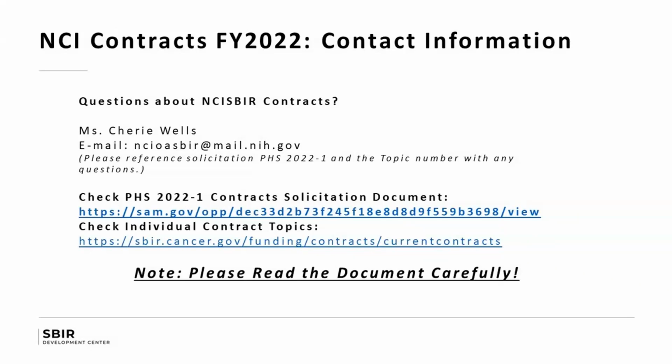Tiffany, the next question is probably for you and to a certain extent Deepa as well. One of the attendees is asking, if they have a specific project that might or might not be responsive to the contract mechanism, how can that be answered? How do they know whether this is responsive to the contract or not?